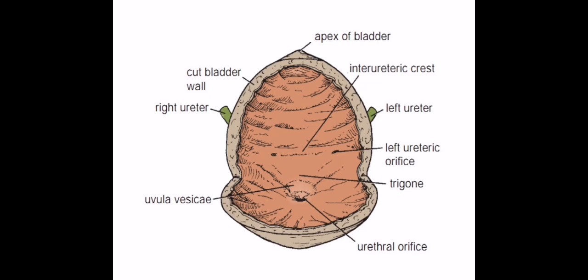The trigone is bounded by the two ureteric orifices and the internal urethral meatus.